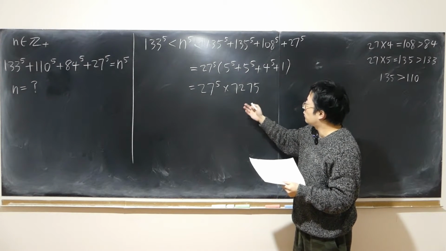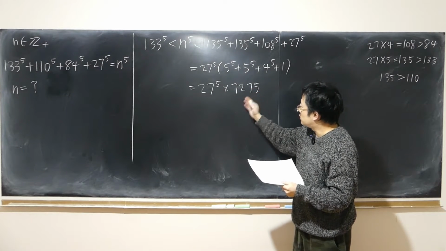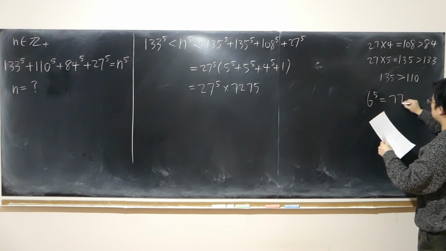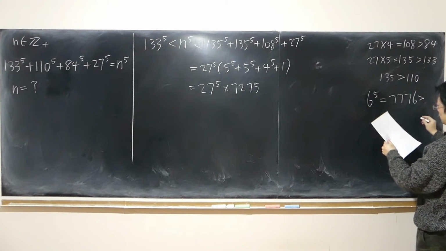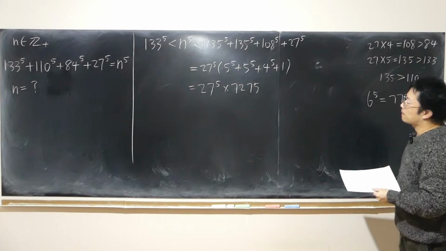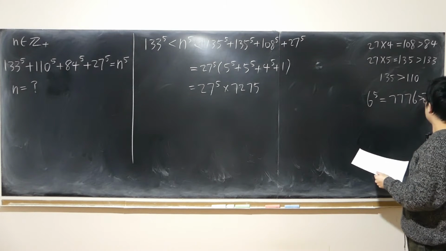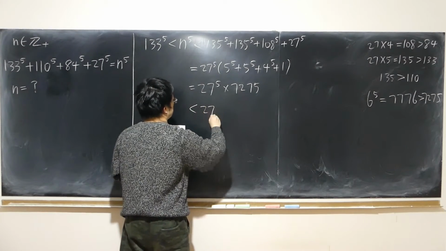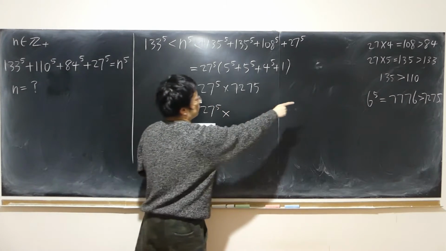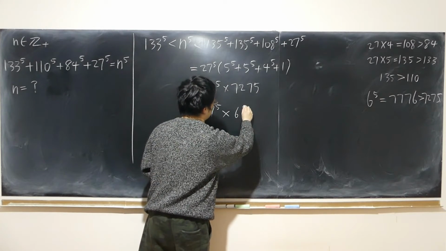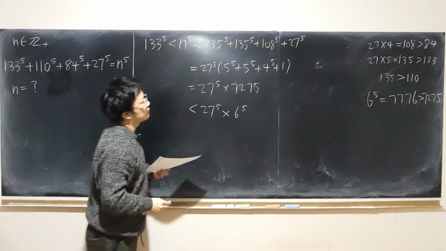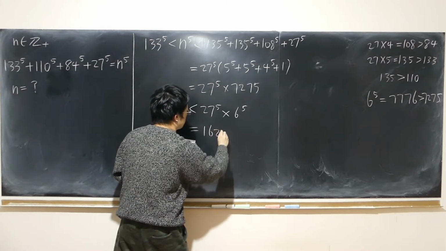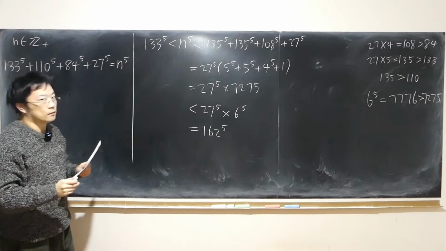We can try 1, 2, 3, 4, 5. 5 to the power of 5 is less than this, but 6 to the power of 5 happens to be 7776, a little bigger than 7275. 5 to the power of 5 is no bigger than that, but 6 to the power of 5 is a nice upper bound. So we just combine 27 and 6: 162 to the power of 5. That's a relatively nice and tight upper bound.